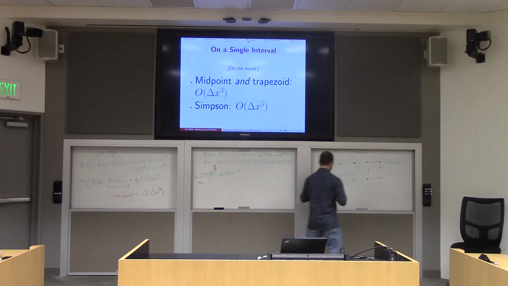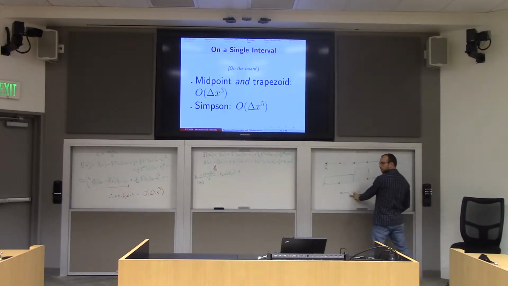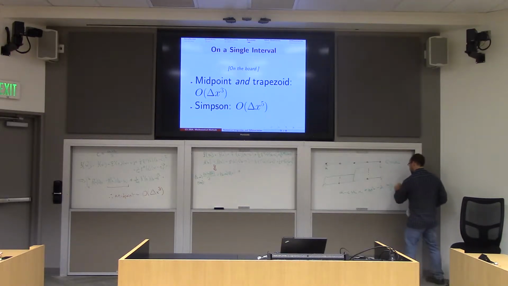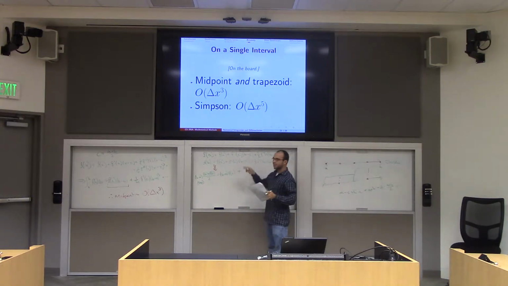Let's do this over here. A minus c plus b minus c, but c is equal to a plus b over 2. So this is a plus b from those two, minus 2 times a plus b over 2, which is just 0. So in fact, if I average these two, yet again the first order term cancels, so we get lucky.